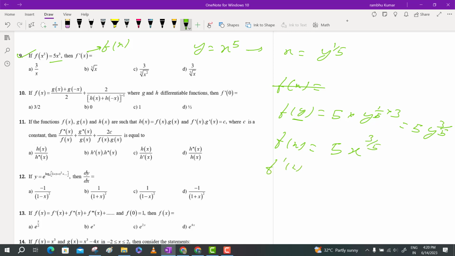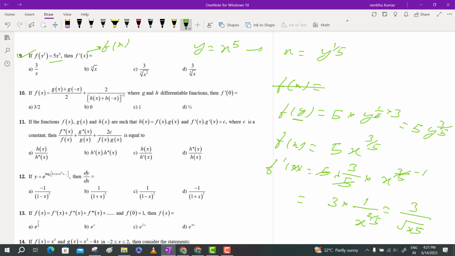Now f dash x equal to 5 into 3 by 5 into x to the power 3 by 5 minus 1. So this is nothing but 5 gets cancelled, 3 into 1 by x to the power 2 by 5, which is nothing but 3 by x to the power 2 by 5. Correct? Yes, correct.